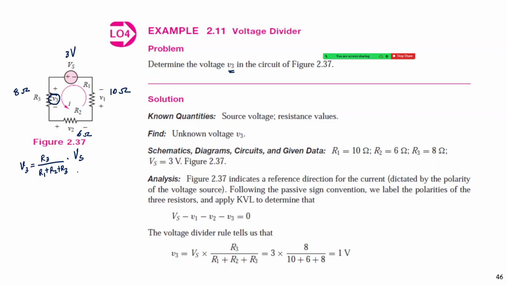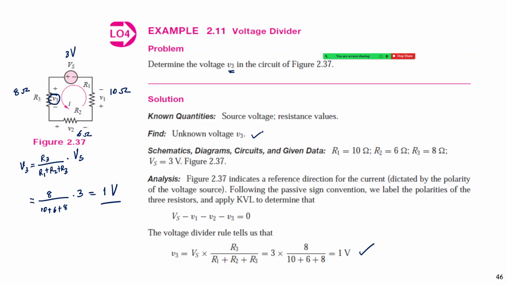Here we know all values on the right hand side. It is equal to 8 divided by 10 plus 6 plus 8 into 3. Then we have V3 equal to 1 volt, and this is the shortcut to compute V3.